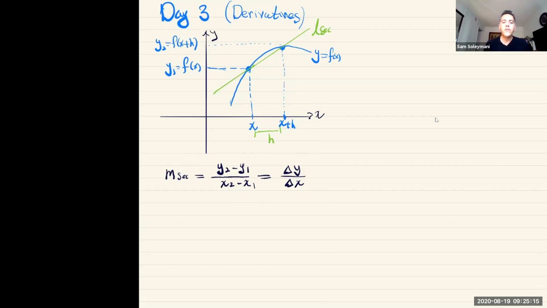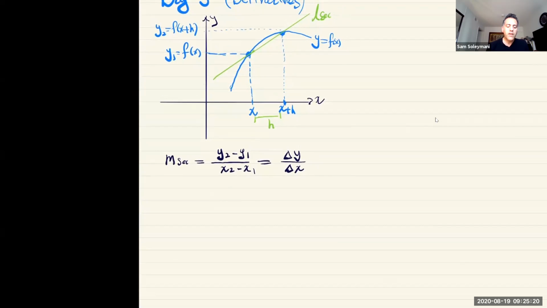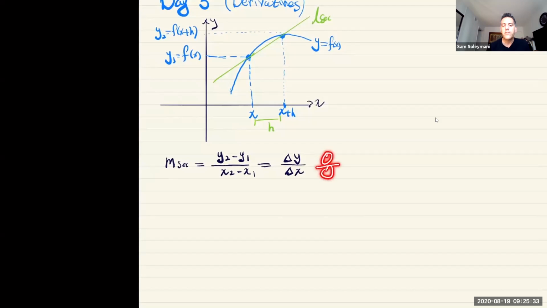If you make h 0, then y1 and y2 become the same, x1 and x2 become the same, and you get 0 over 0, which is indeterminate. So you don't want to make h exactly 0, because the points x and x plus h become the same, and you get 0 over 0, which doesn't make sense.